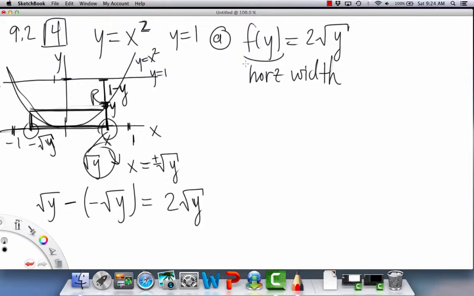Then it also says to find the fluid force on the side of a horizontal strip of thickness. Again, like I was showing in the concepts video, we're going to make a little strip, or a rectangle. Sorry, it's getting kind of cluttered in the picture here.